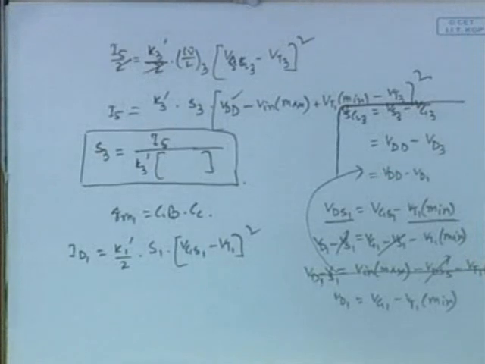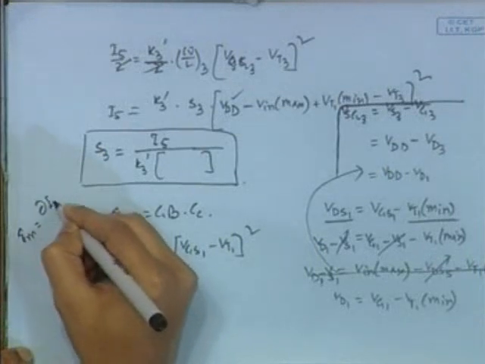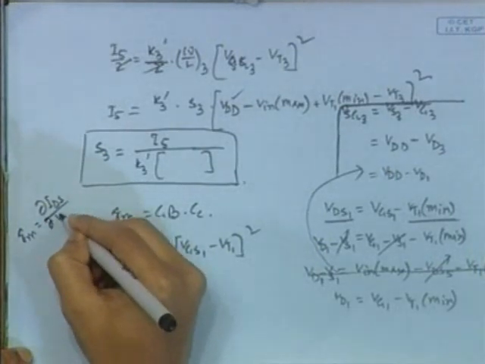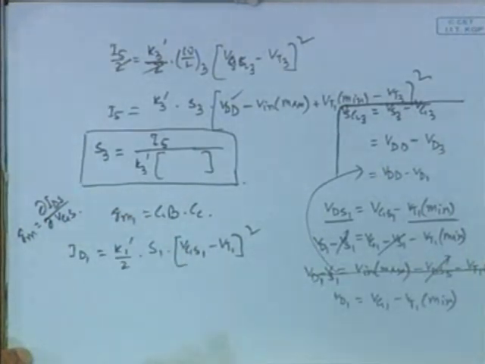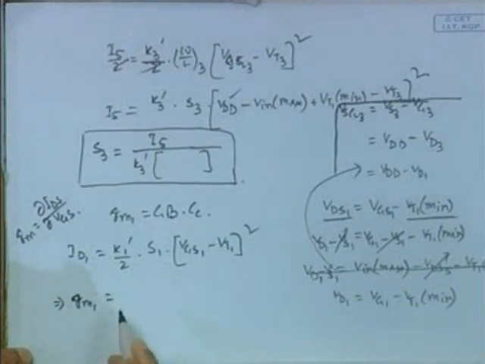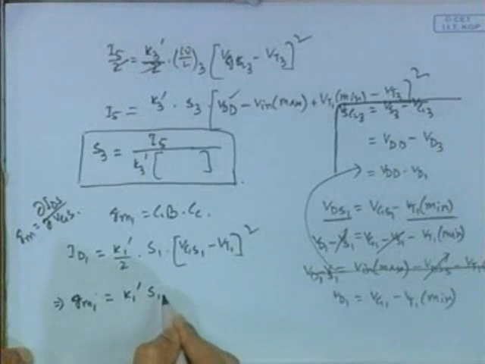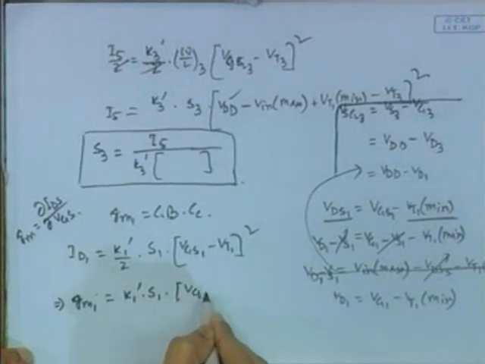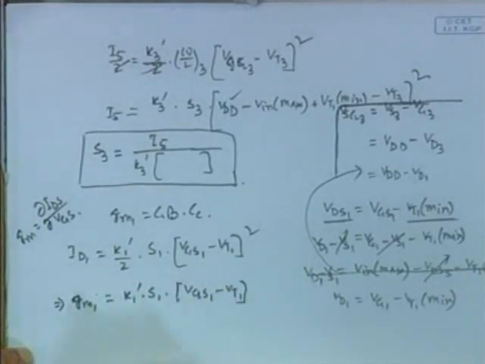GM1 is basically del ID1 del VGS1. Del ID del VGS gives you GM. So these two come and these two cancel out, leaving K1 S1 into VGS1 minus VT1.